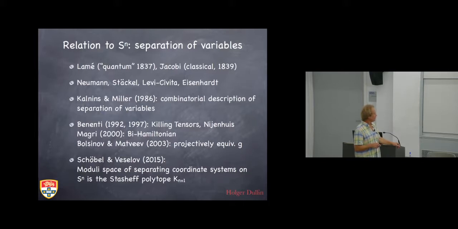Magri related this to bi-Hamiltonian systems, and Bolsinov and Matveev to projectively equivalent metrics. So all these stories are nicely related. But I'm jumping to the end here. As I said, Schöbel and Veselov in 2015 looked at these equations for these Killing tensors to commute and then observed that this was actually known from a completely different field, where this moduli space was understood and turns out to be this Stasheff polytope.